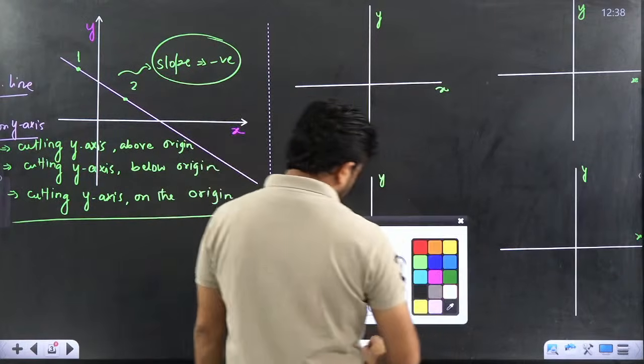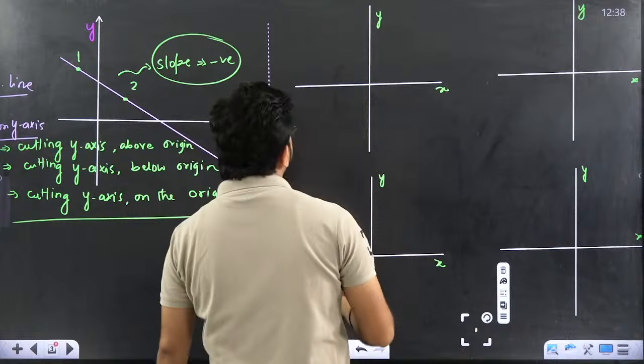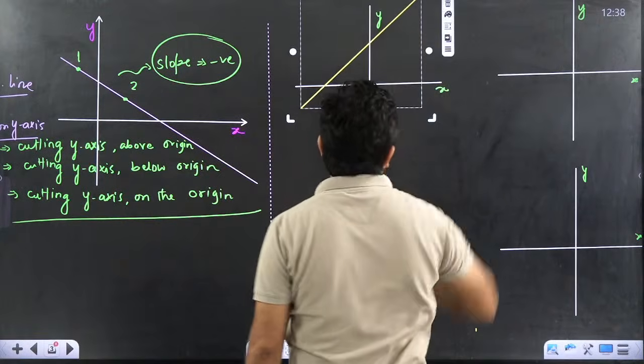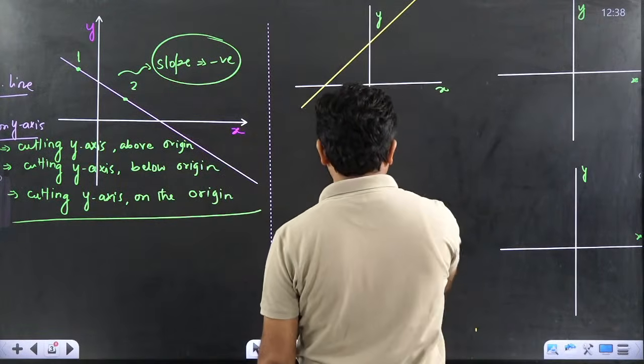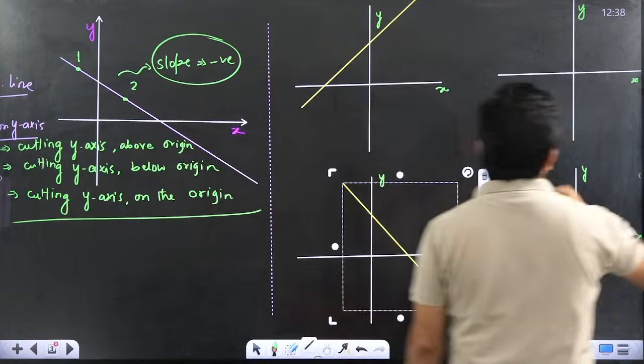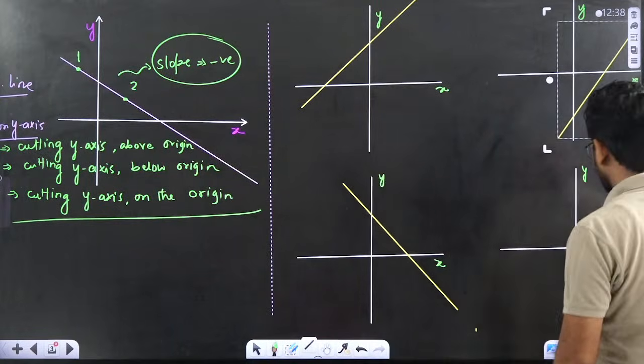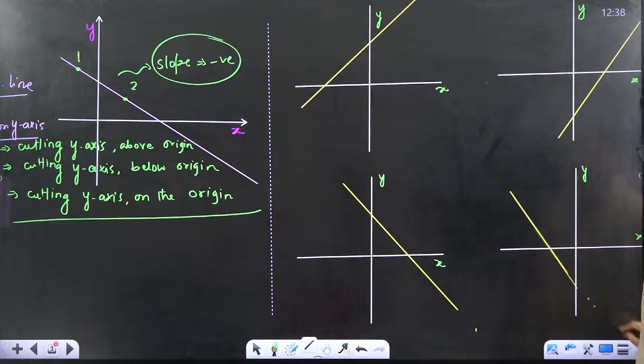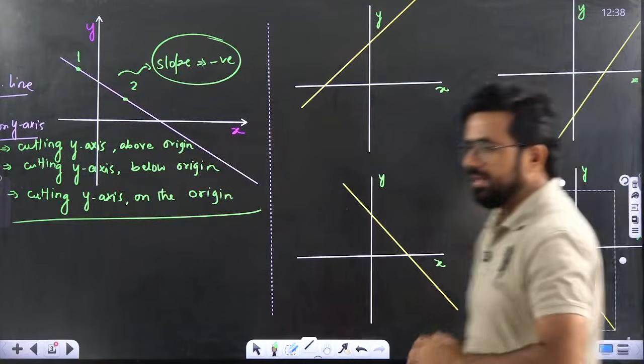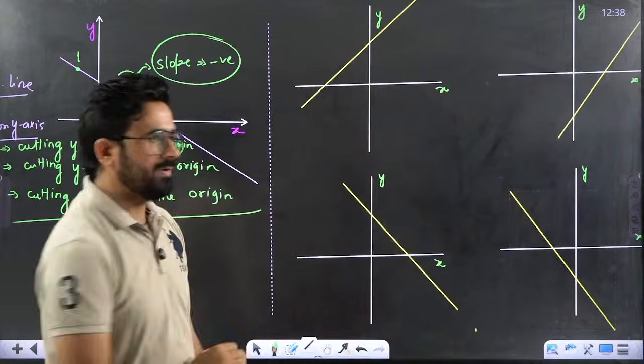Please focus. I'm drawing here the first line, here the second line, the third line, the fourth line. These are 4 lines. First we have to solve these 4 questions.